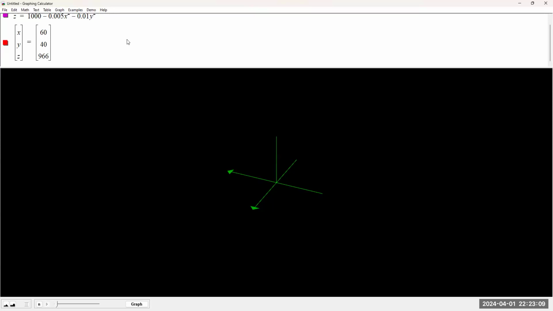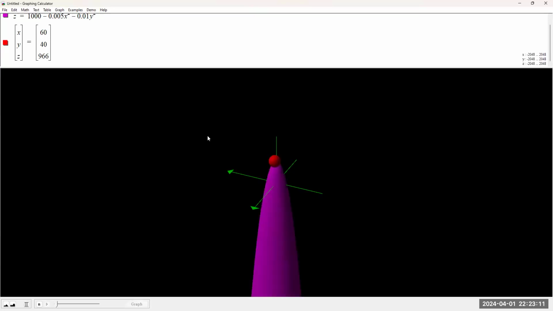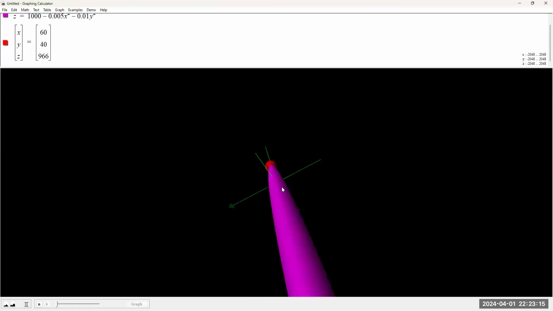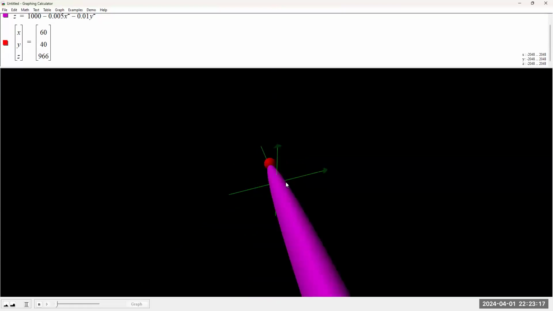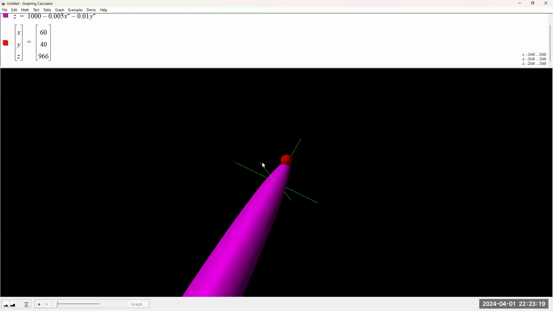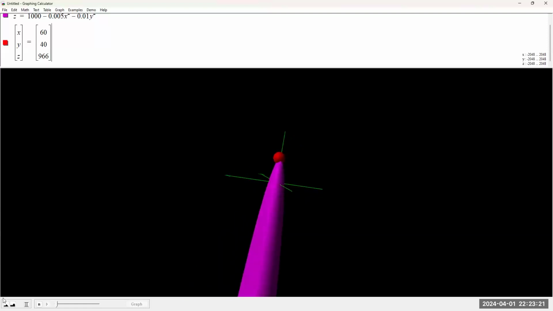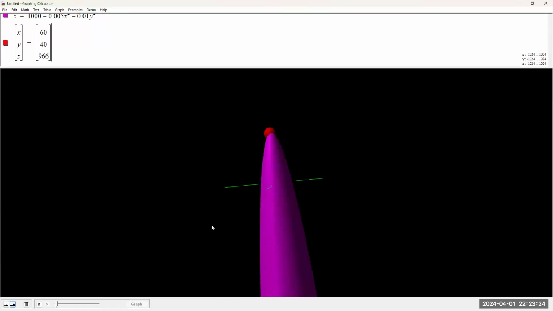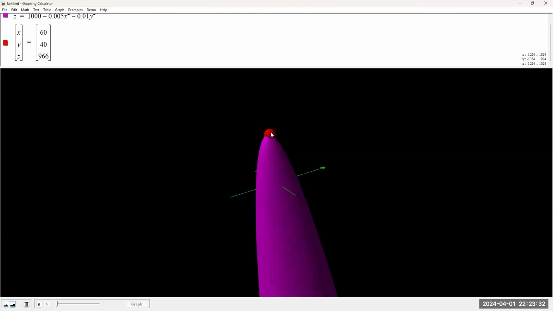I wonder if it can give us what we need. No, that's not what I want. I'm sorry. Can I enlarge that a little bit? That dot is way too big. I wonder if I can make it smaller.